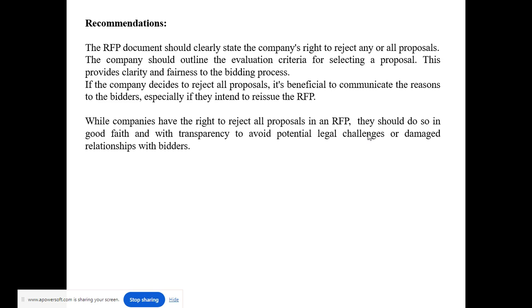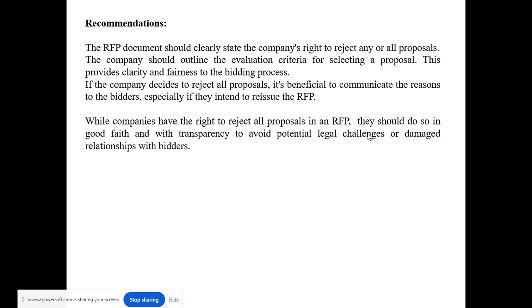Here some recommendations can be given. The request for proposal document should clearly state the company's right to reject any or all proposals. Although this is under the law, that should be mentioned in the contract. The company should outline the evaluation criteria for selecting the proposal.